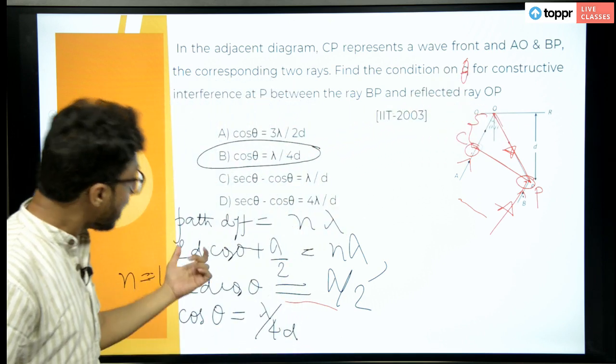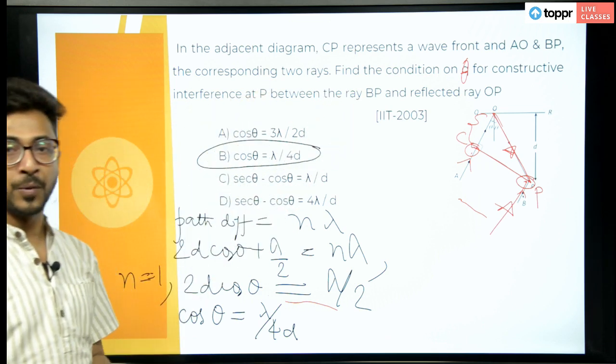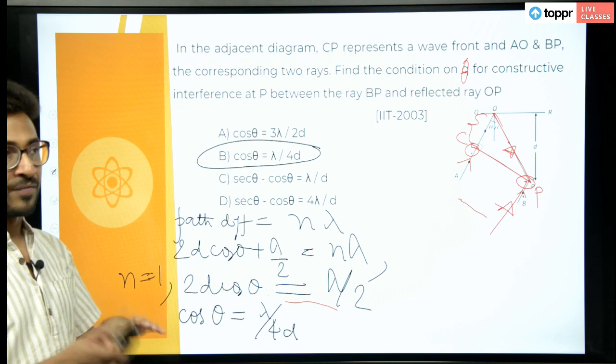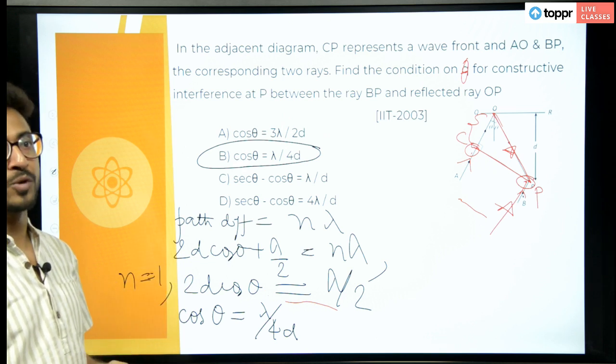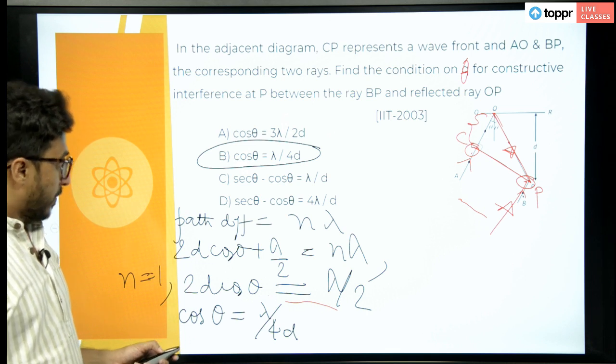Then for constructive interference we equate with n lambda. For destructive interference, it will be 2n plus 1 times lambda by 2. Okay. So that's all.